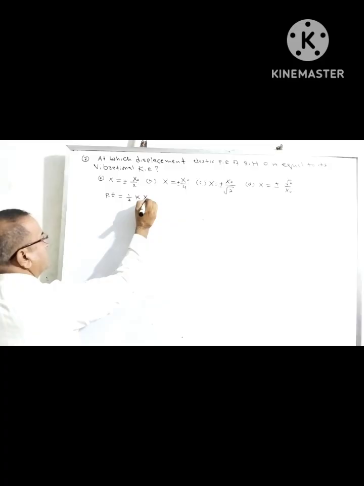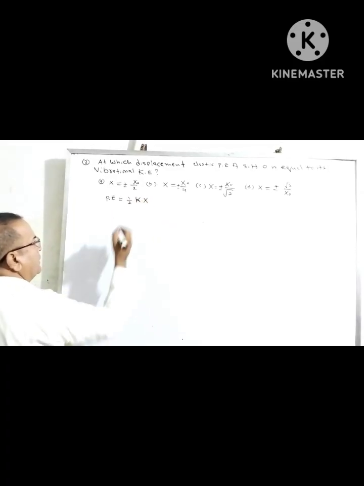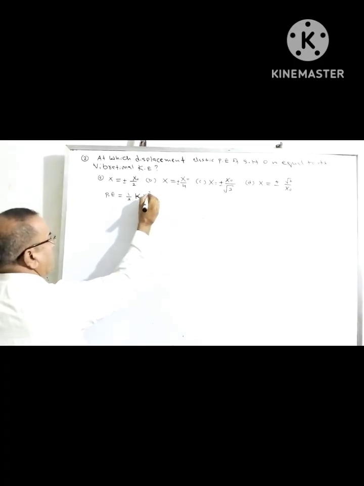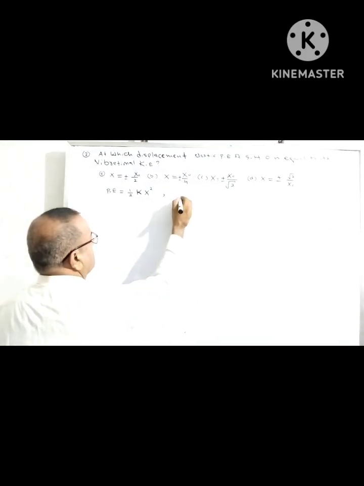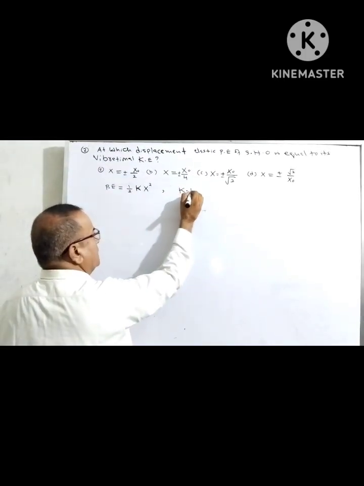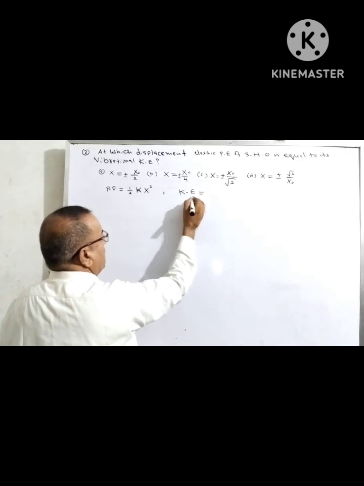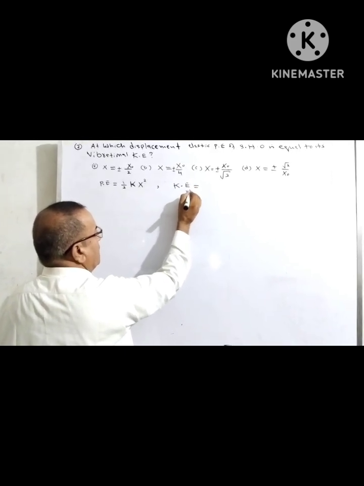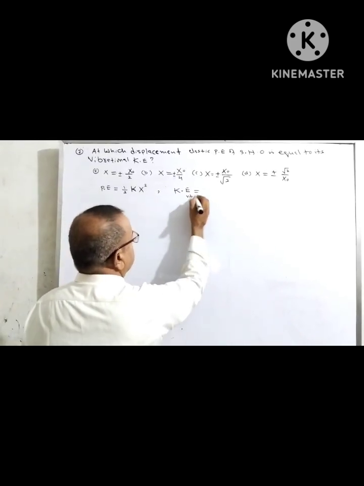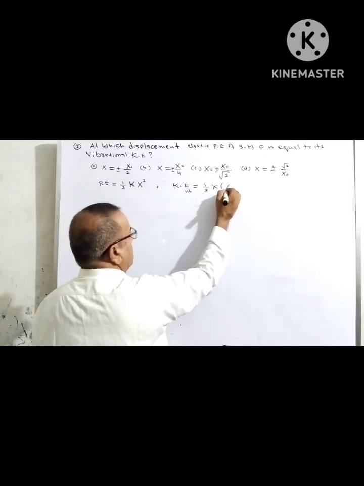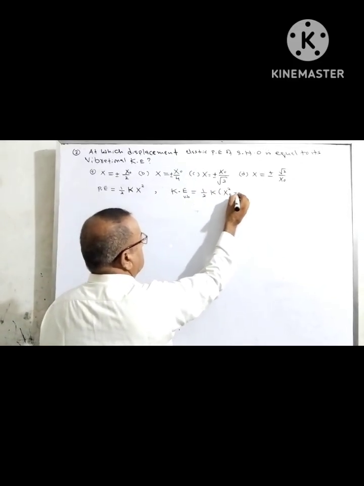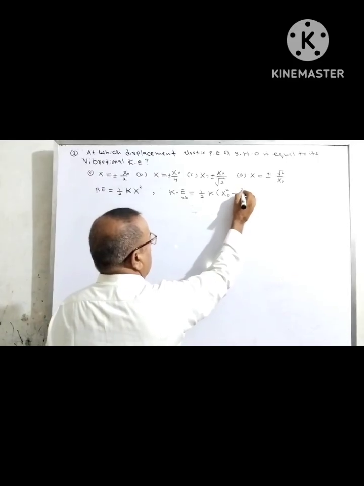Here k is the spring constant and x is the displacement. Similarly, the formula for vibrational kinetic energy is 1 by 2 k (x naught square minus x square).